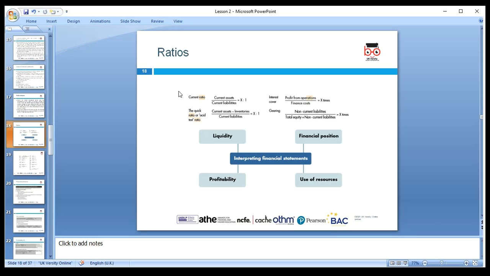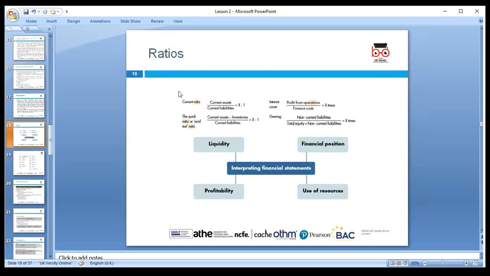We have formulas here at the top. So you will see the graph. Liquidity, profitability, financial position, use of resources. So current assets divided by current liabilities. I can find the figures from the statement of financial position, what we call the balance sheet, use the formula and calculate.